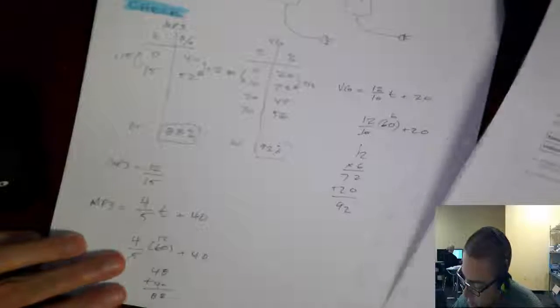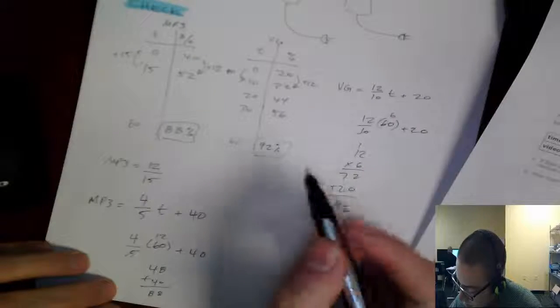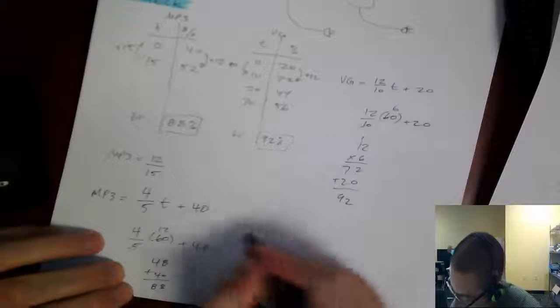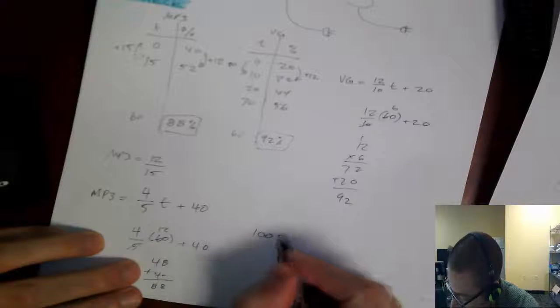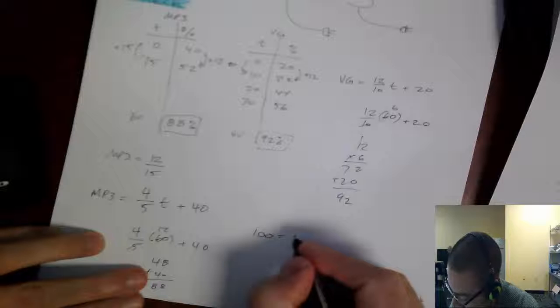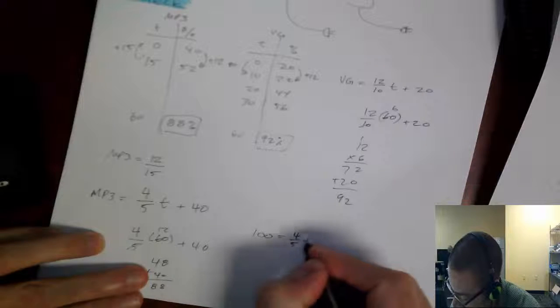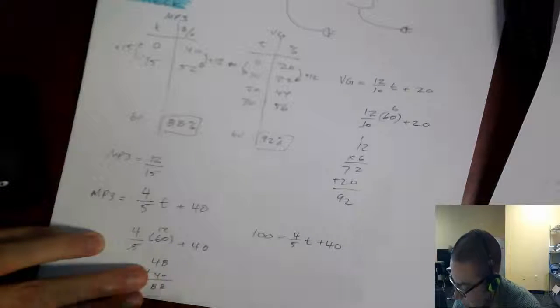How much time would Sam need to charge the battery 100% on both devices? So I want to say, what is 100? How much time would it take, right? 4/5 t plus 40.